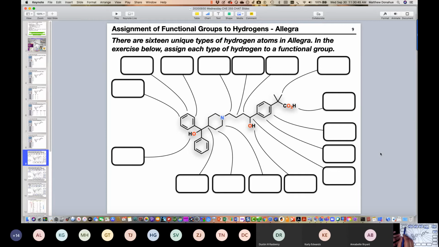So these next two are the same sort of functional group, aromatic, CsP2H. Then what about this one? What functional group is that? So that's a tertiary alcohol. Then what about this one?